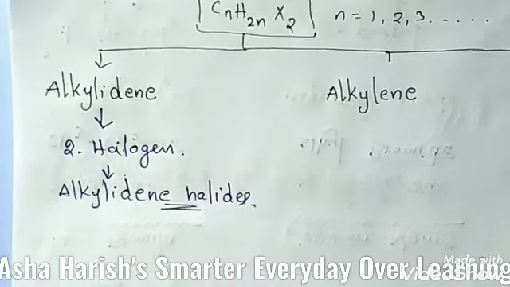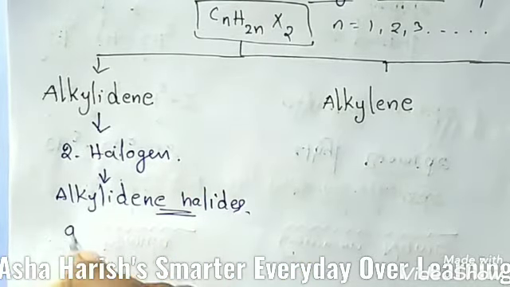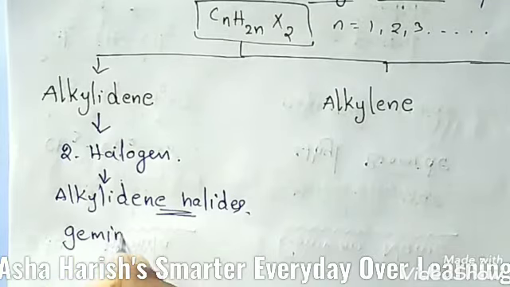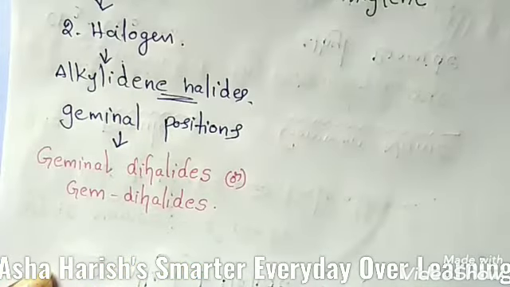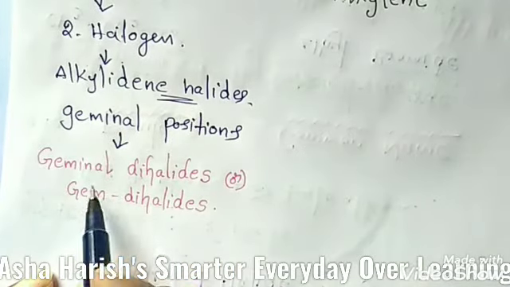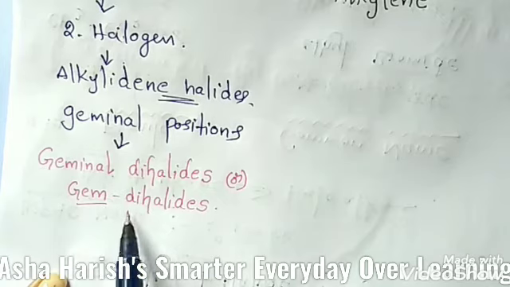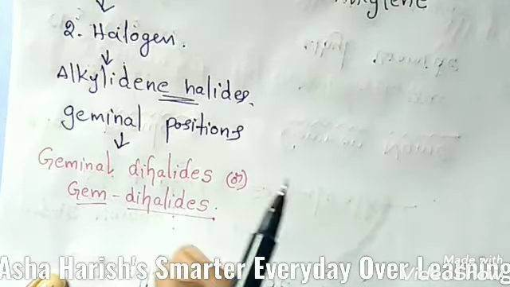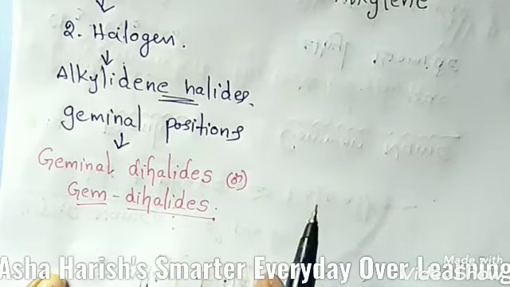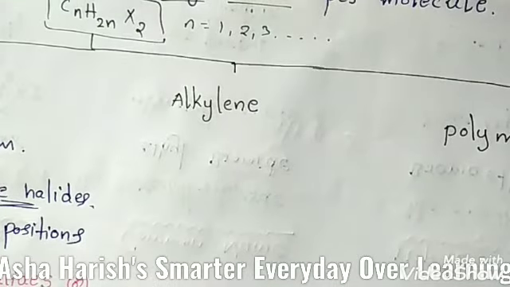Further, the positions on the same carbon atom are called geminal positions, and these are called geminal dihalides, or simply gem dihalides. Since the two halogens are on the same carbon atom, they are called geminal dihalides. Here we have the second type, alkylene dihalides.